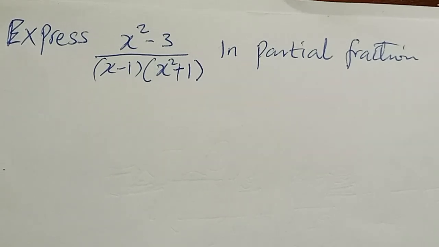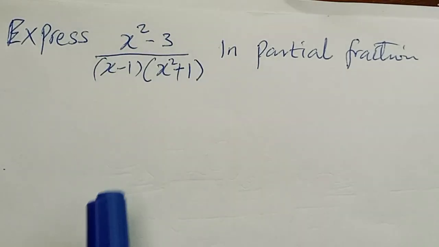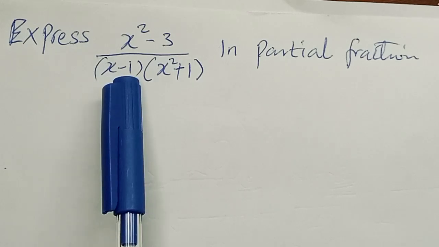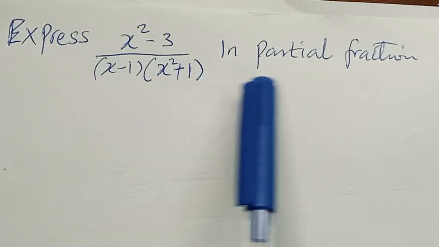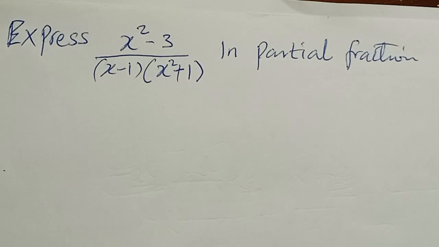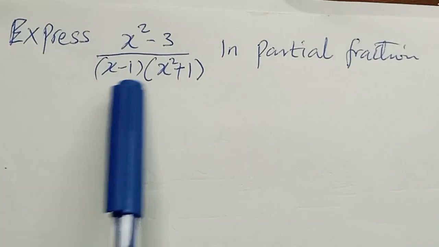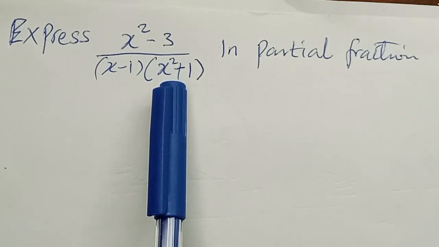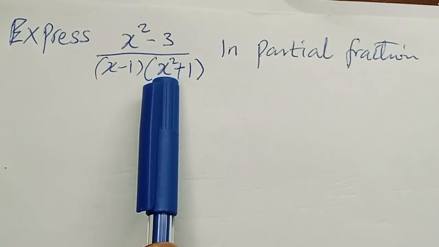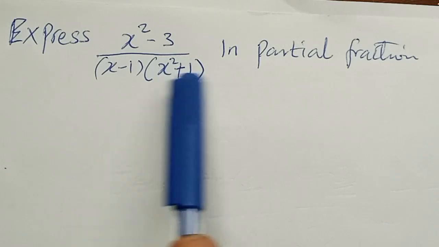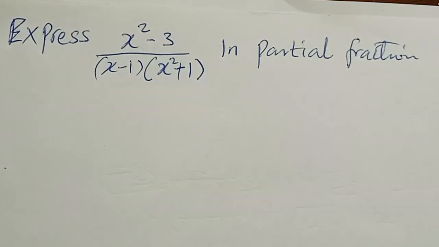Express (x squared minus 3) divided by (x minus 1)(x squared plus 1) in partial fractions. Looking at this expression, you're going to see that the denominator has x squared plus 1 as one of its factors.